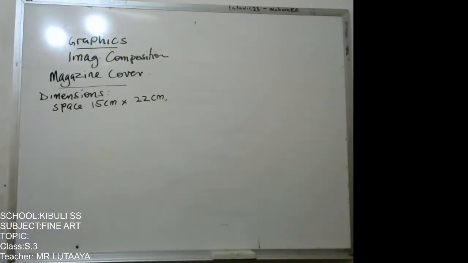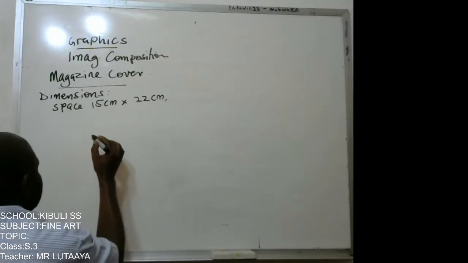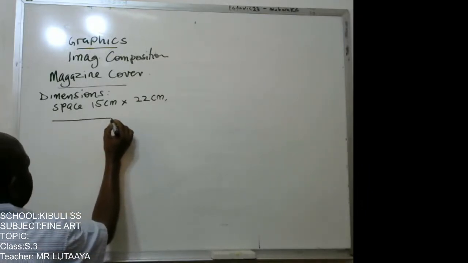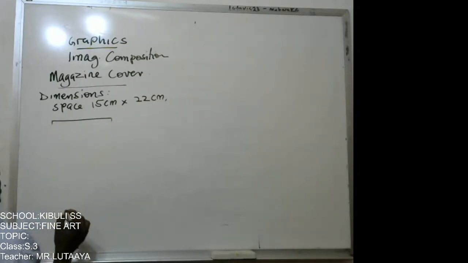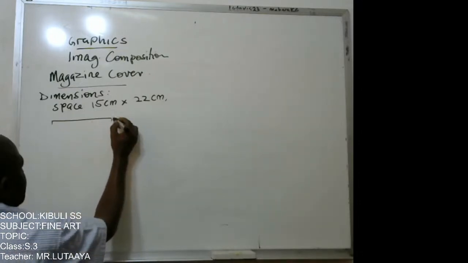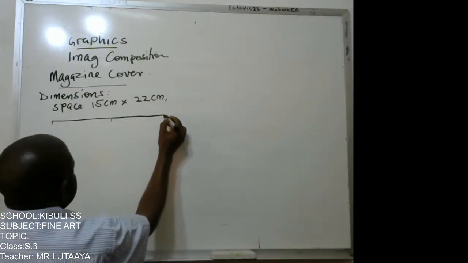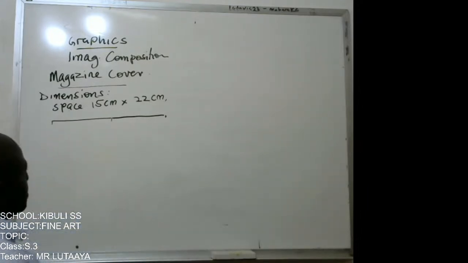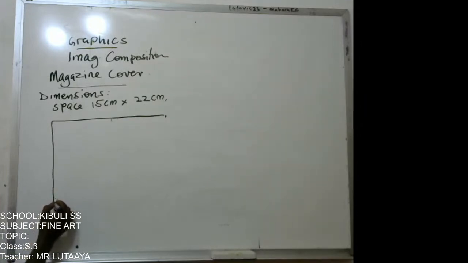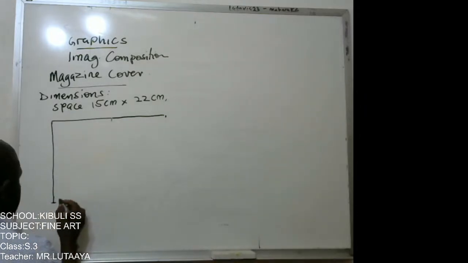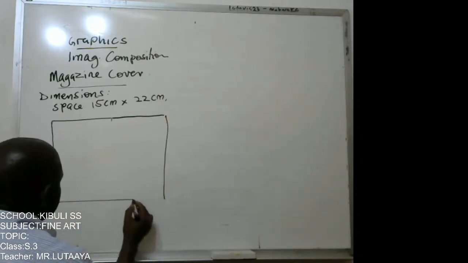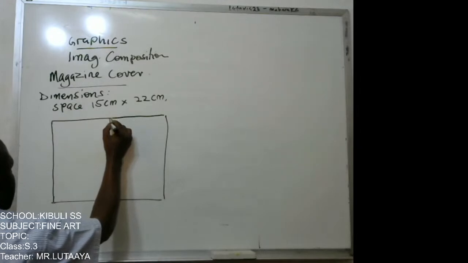So as a learner, you must now start. You can measure 15 like that. Then this is for one side. Then another side is also going to measure 15. Then downward we have 20. We measure 20. That means here we are also going to measure 20. Then we close, so we have a line here.